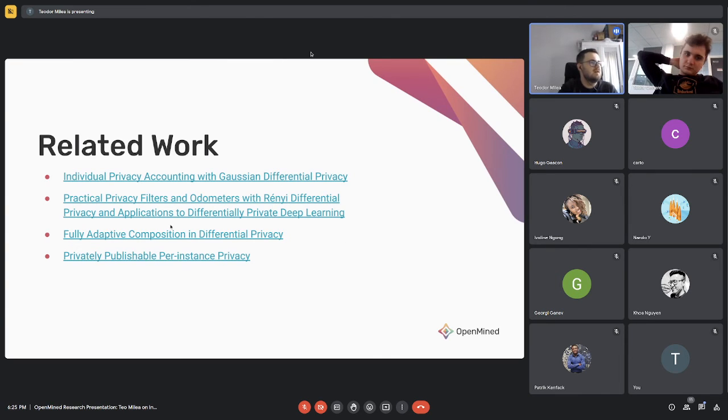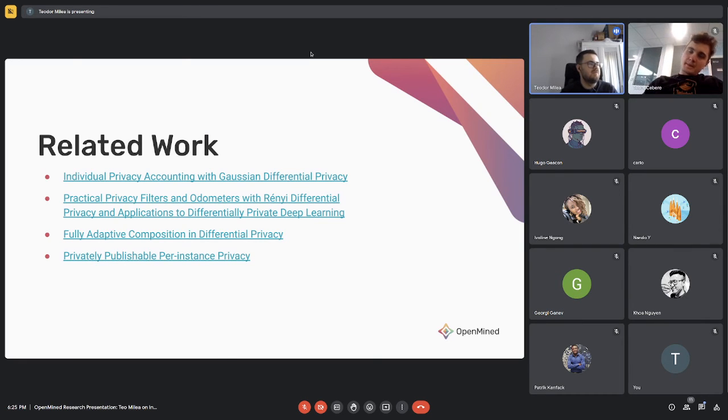Here is some work on filters and odometers in RDP, of course, mostly in DP, but if you're interested in that, you can go with that. And then we have some other improvements in composition, and I think the authors claim that they have the best results in composition, and demonstrably you can't really get any better than that.